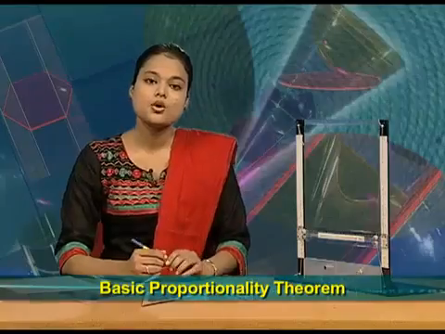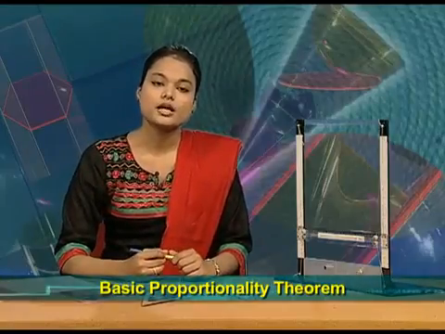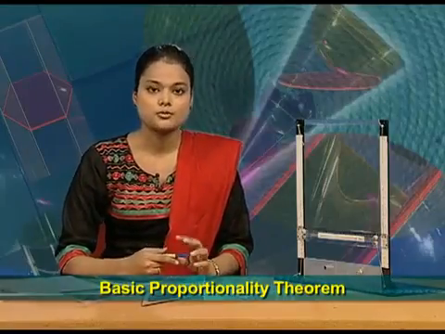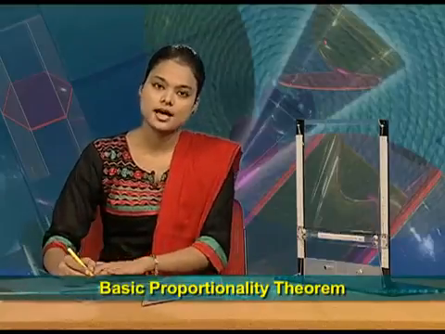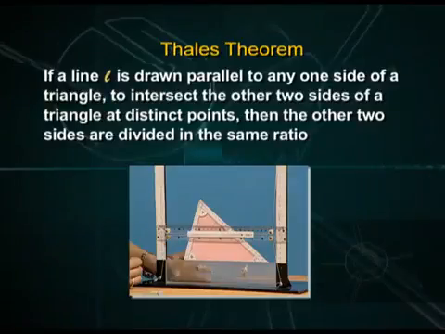Now students, what do you mean by basic proportionality theorem? The basic proportionality theorem states that if a line L is parallel to any one side of a triangle and intersects the other two sides of the triangle at distinct points, then the other two sides are divided in the same ratio.